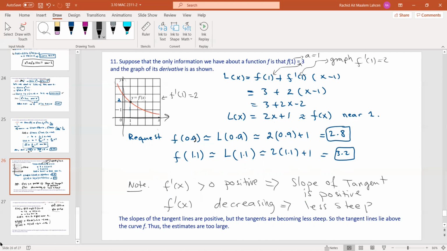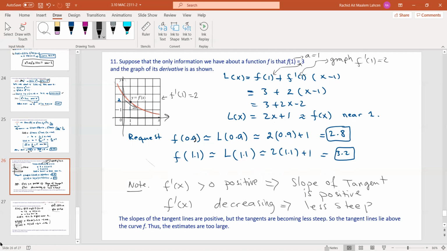But you see, it is kind of decreasing, right? It starts kind of steeper here, but less steep as it goes, right? So this information allows us to pick the other choice: the slopes of the tangent lines are positive, and the tangents are becoming less steep.